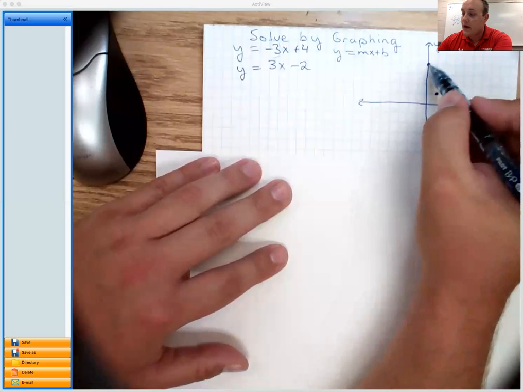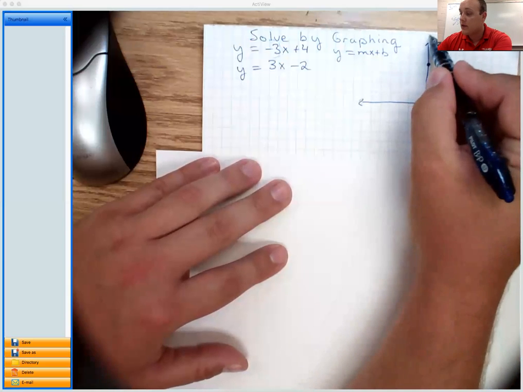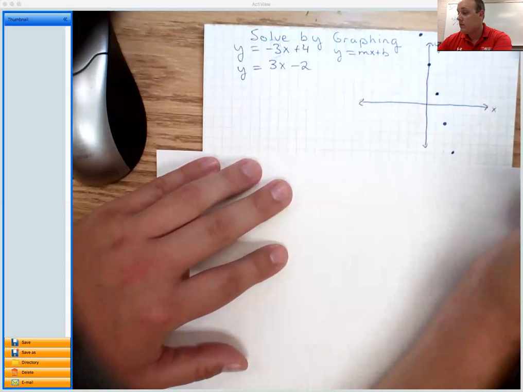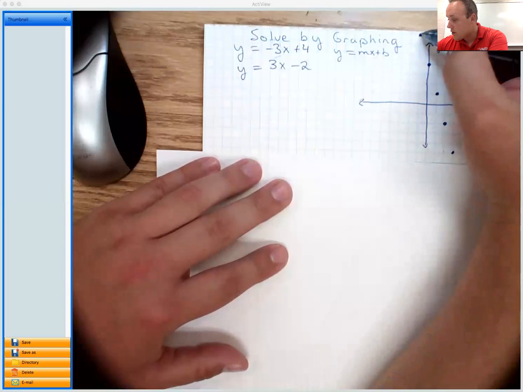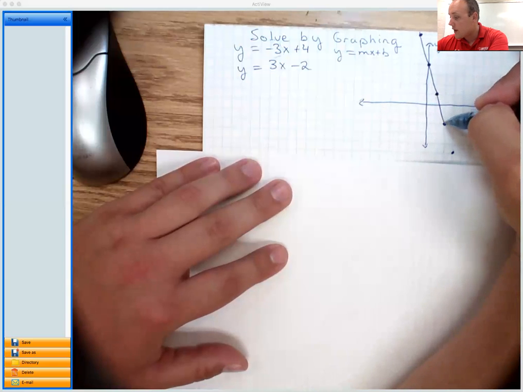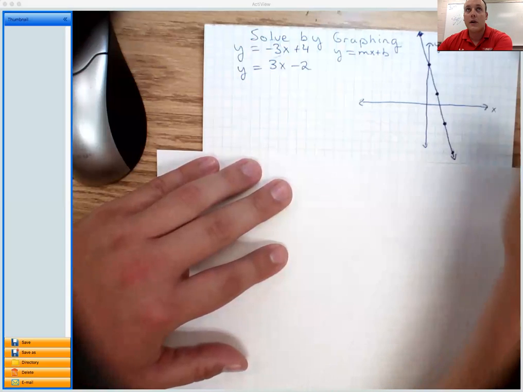Now, to reverse that pattern, if I want to go back, I have to go up, and since I reversed it, I go to the left. All right. Now, you can either use a straight edge or you can just freehand it if you're very good at freehanding. And drawing your arrows on your line to indicate that it goes on forever.